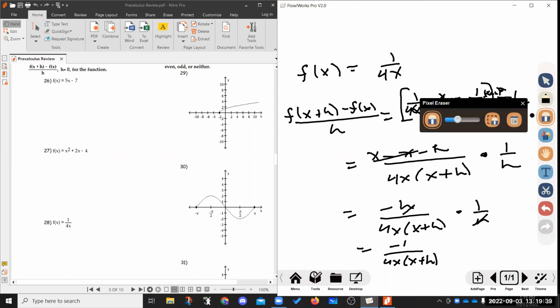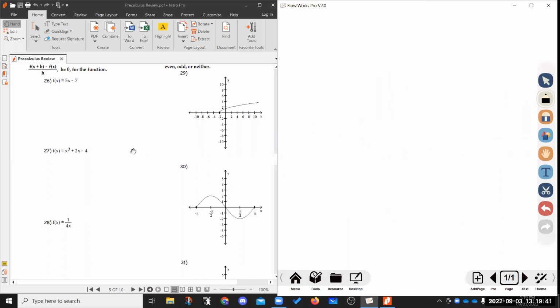On to number 29. By the way, these difference quotients are very, very important. They're one of the most calculus-y things you're going to do in pre-calculus. This is right after we introduce a limit in pre-calculus. This is the foundation of the definition of a derivative, because you're trying to find slope at a single point in calculus class.